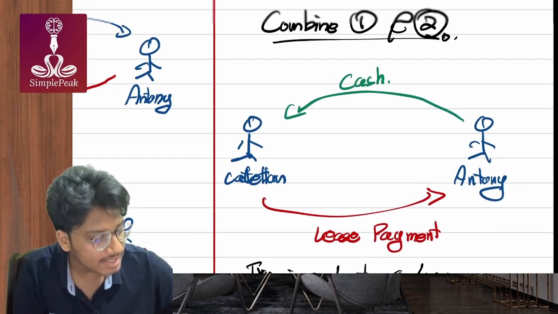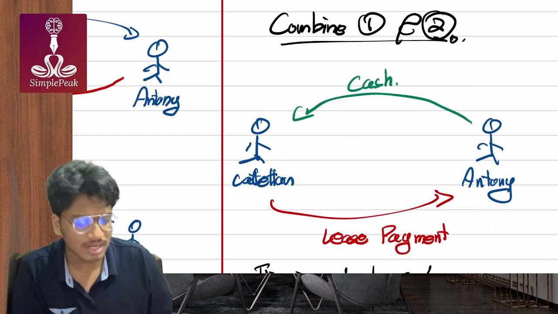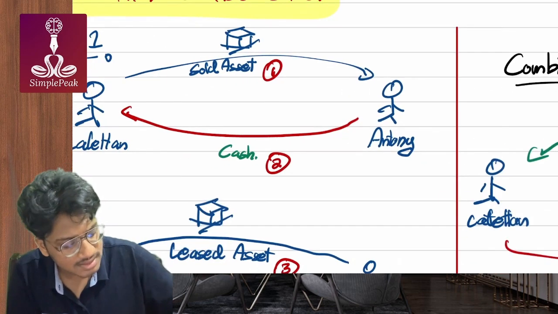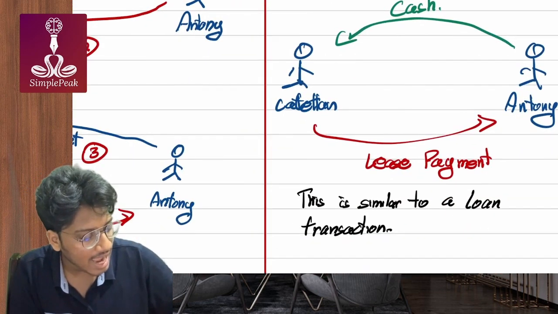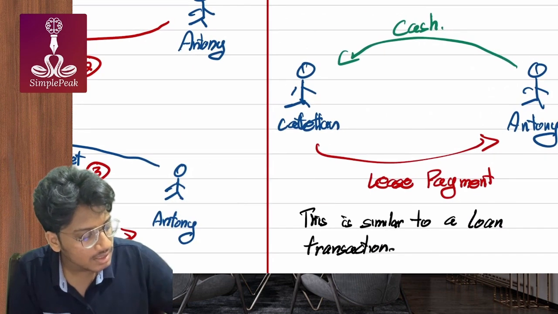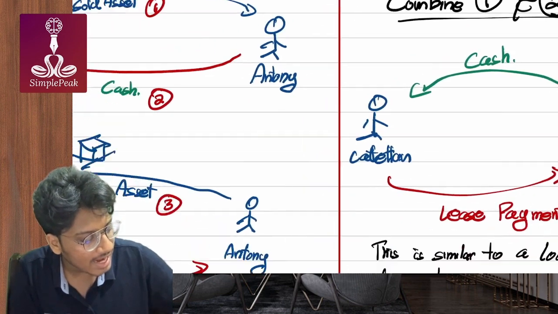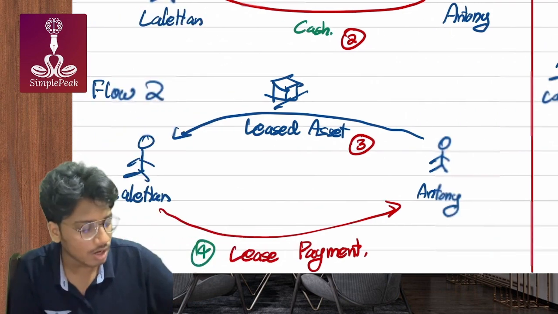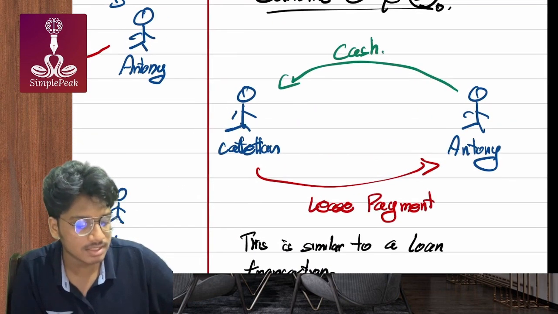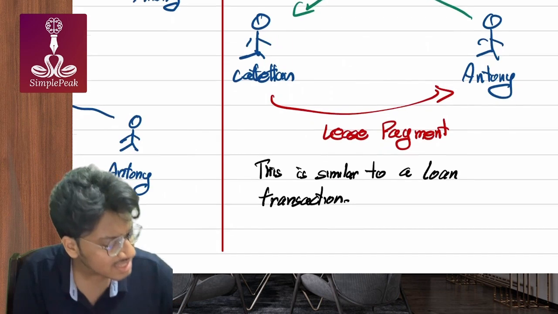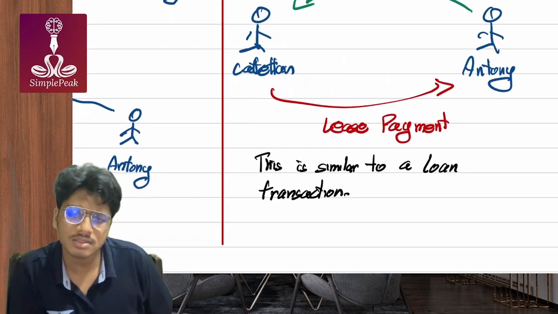When you combine these two transactions, it is as good as Layman having received cash from Anthony and making periodic payments. If you combine this transaction, where the asset is not moving, it is as good as a loan transaction.